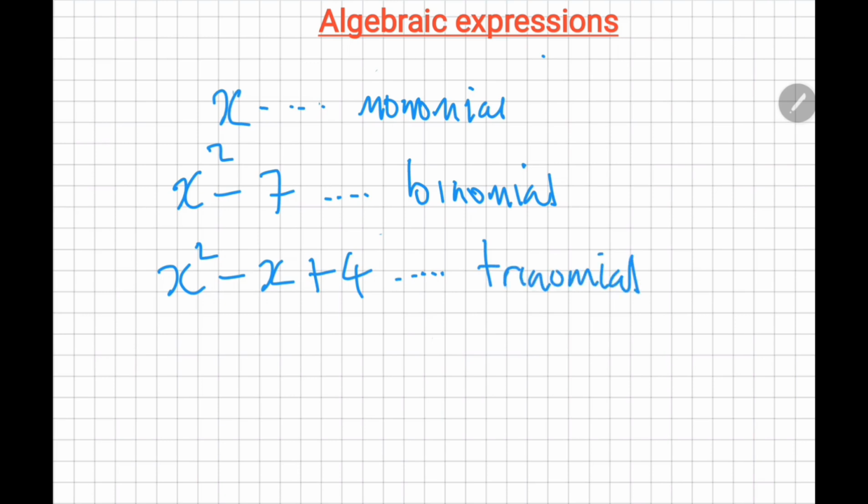Now the binomial and the trinomial can also be referred to as a polynomial. Poly just means many. Okay, so a monomial means one term, a binomial means two terms, a trinomial has got three terms in it.